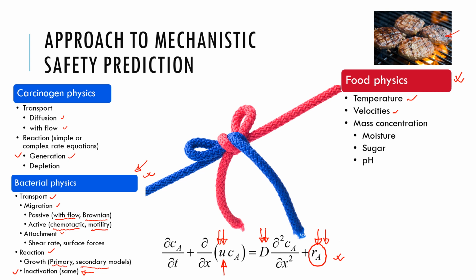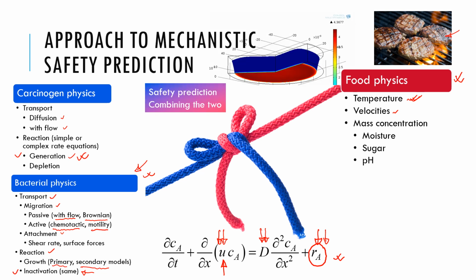By combining the food physics that gives temperature and so on, and let's say the generation of carcinogens, we have very comprehensive information that gives how much carcinogen is formed at each location and with time.